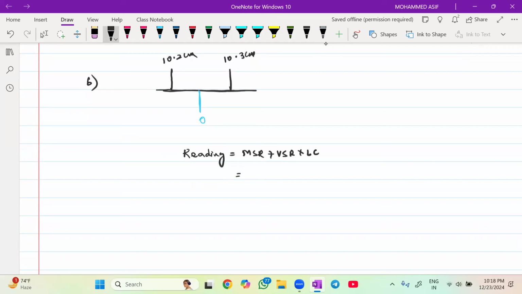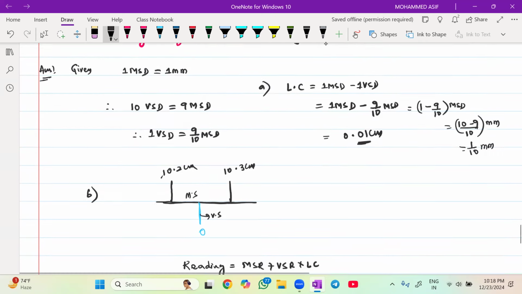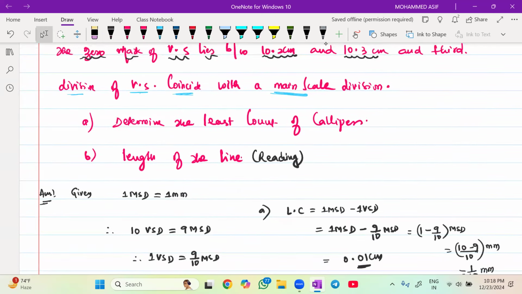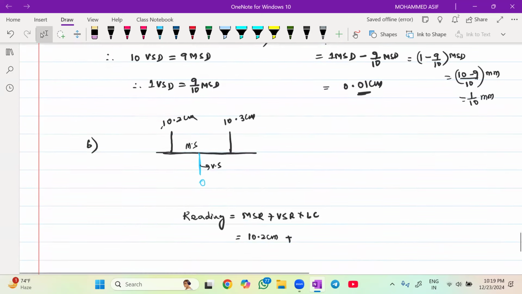What is the main scale division? Which reading is visible before the zero of the Vernier scale? What is the reading which I am able to see before the zero? This is the main scale. This is your Vernier scale. Before the zero of the Vernier scale, I am able to see the reading as 10.2. So this one is 10.2 centimeter plus the Vernier scale division which is coinciding. Which division is coinciding? He told in the problem. Third division. See here, the third division of the Vernier scale is coinciding with your main scale.